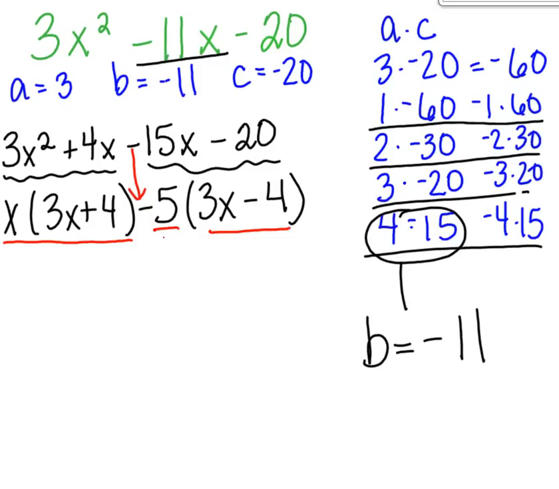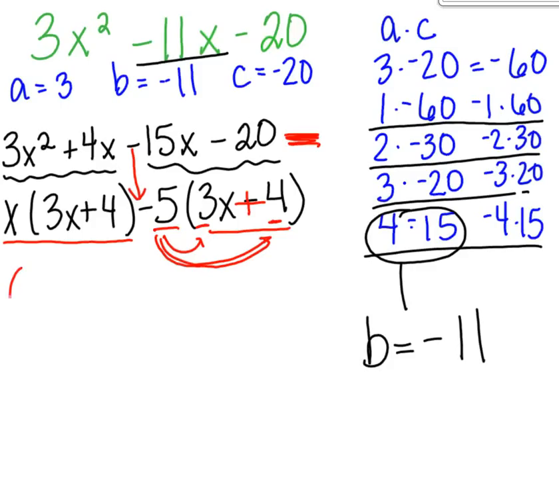I also know that if I distribute this 5 right here, I should get the same thing I started with on this line. If I distribute this negative 5 to that negative 4, that's going to give me a positive 20. So I think this should actually be a plus sign right here. That makes sense because I took out a negative 5, so when I take out a negative 5, this sign changes and this sign changes.